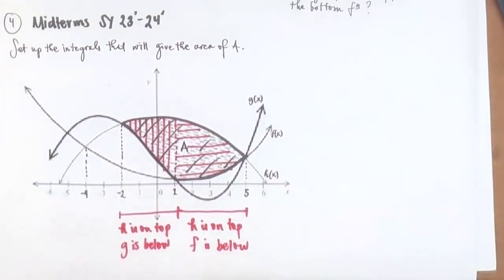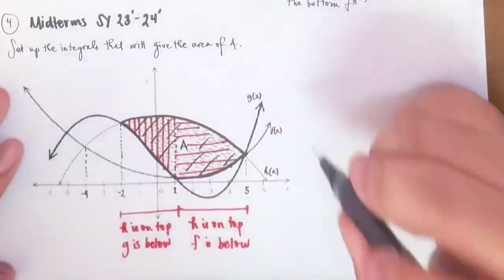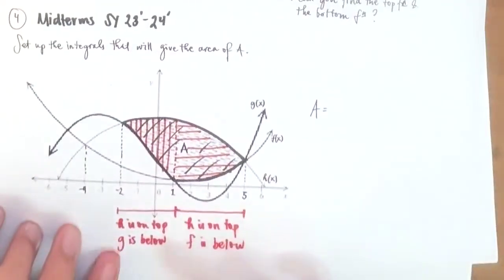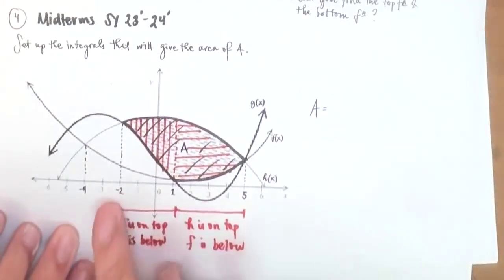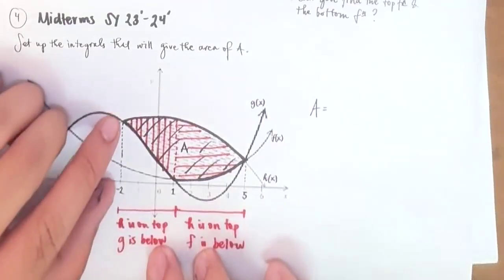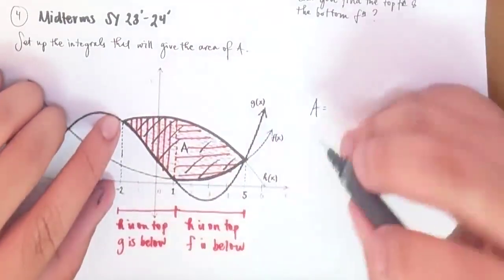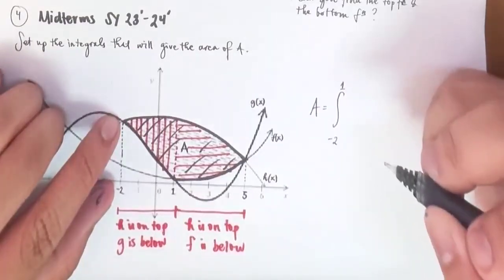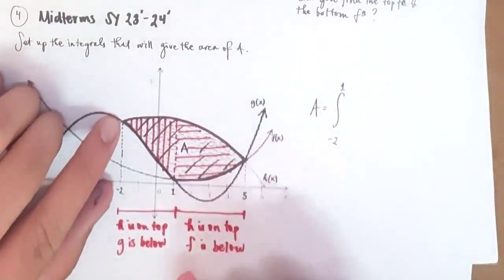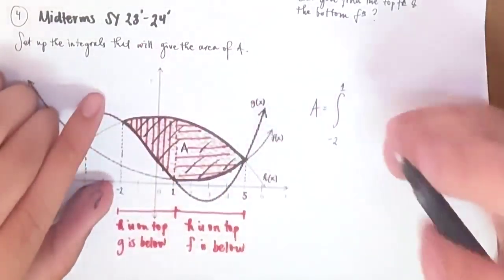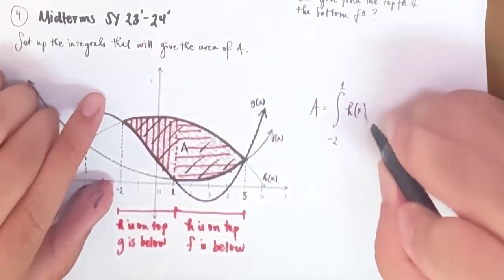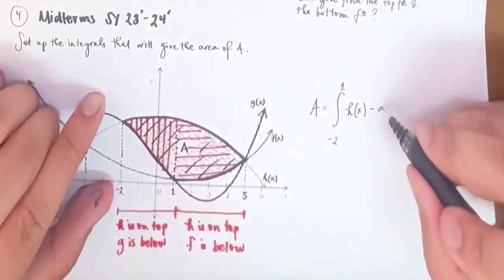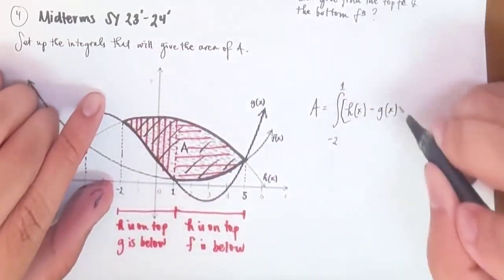So how then do we find the area A? So we use this, right? So from -2, notice, from -2 to 1, h is on top. So that would be the top function, minus g is below, minus g of x dx.